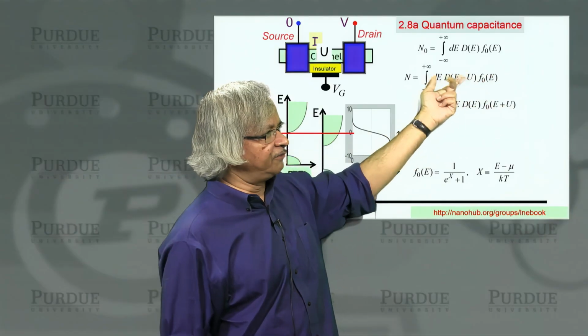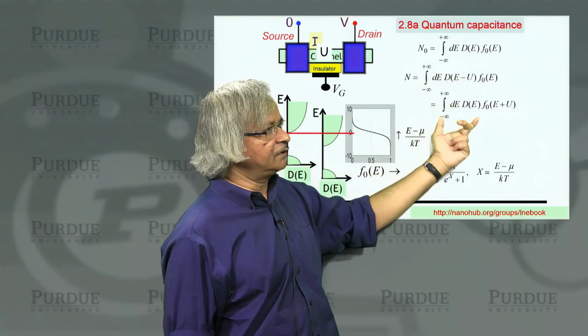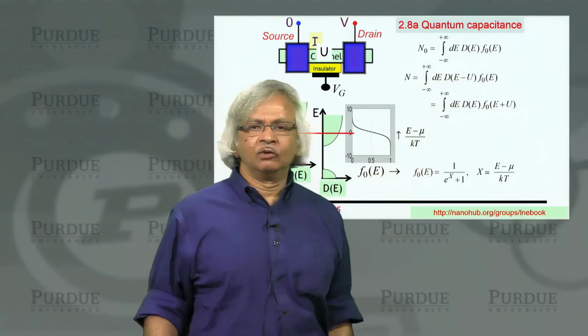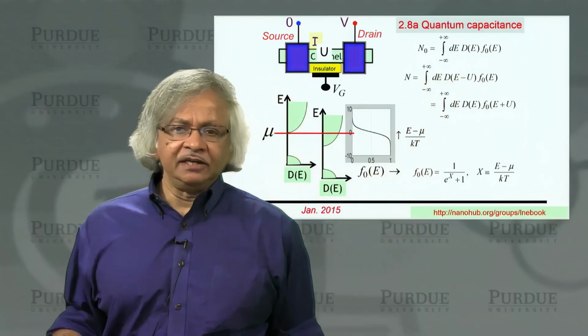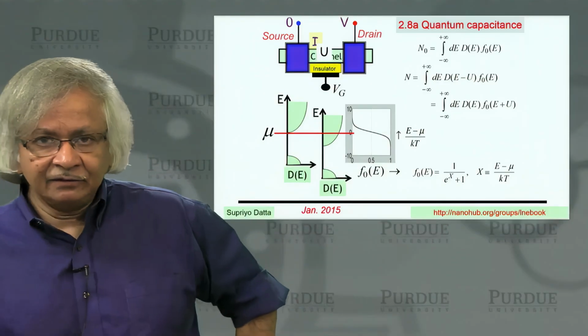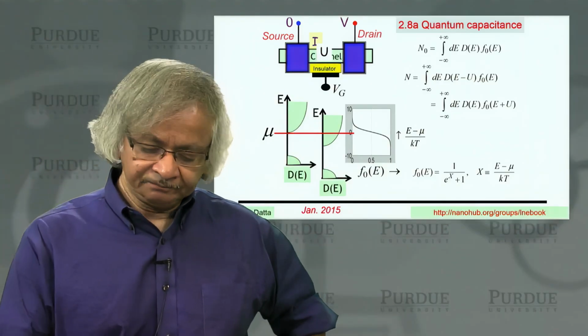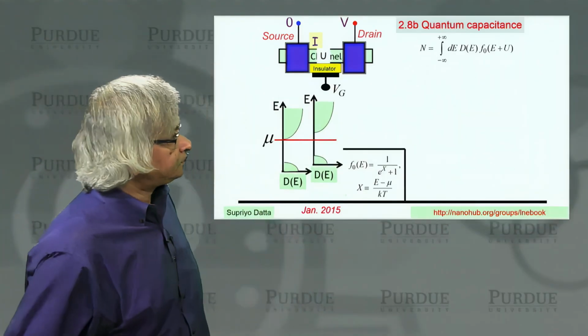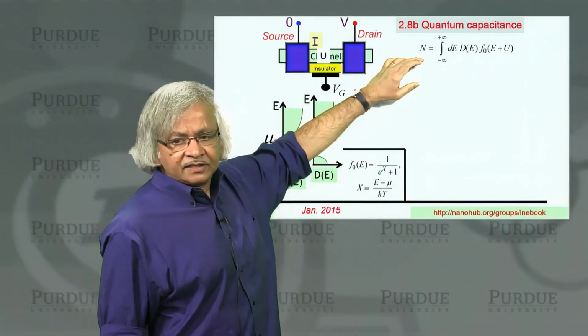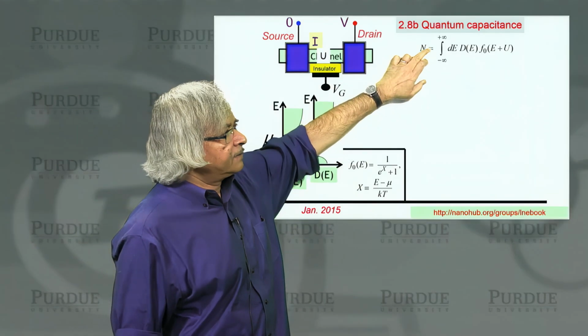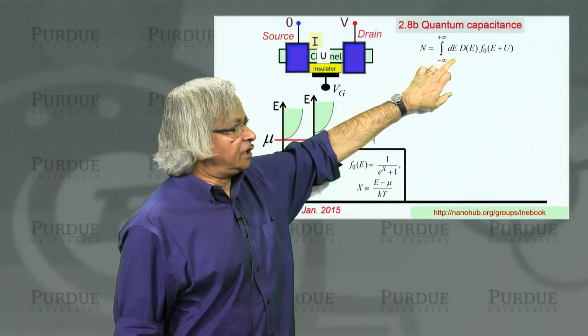So you can transform variables to get from this one to this one. And this form is a little more convenient, which is why we'll be using that for the rest of the discussion. Now, so we have this N given by the expression we just talked about.